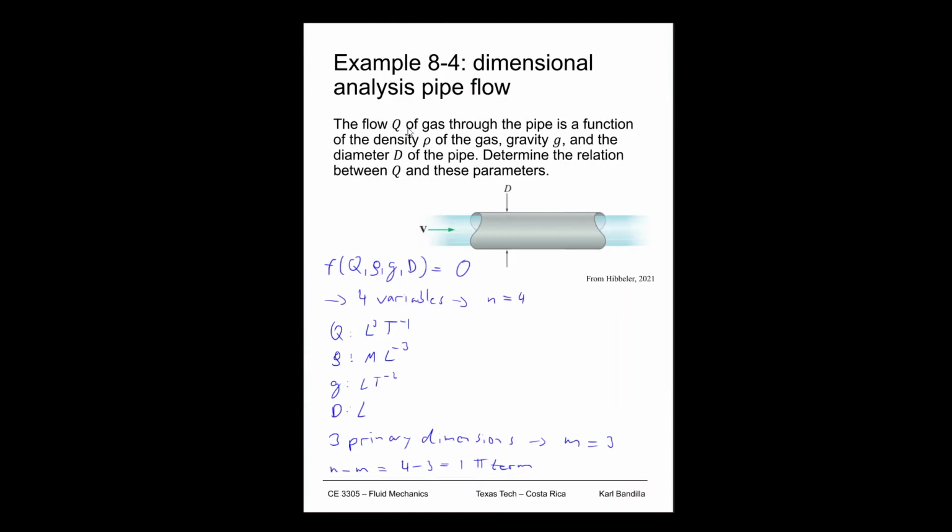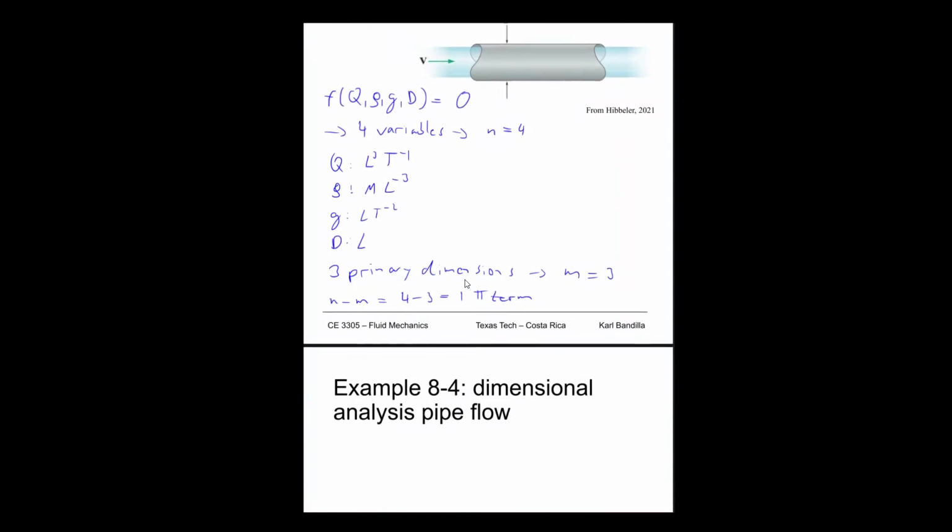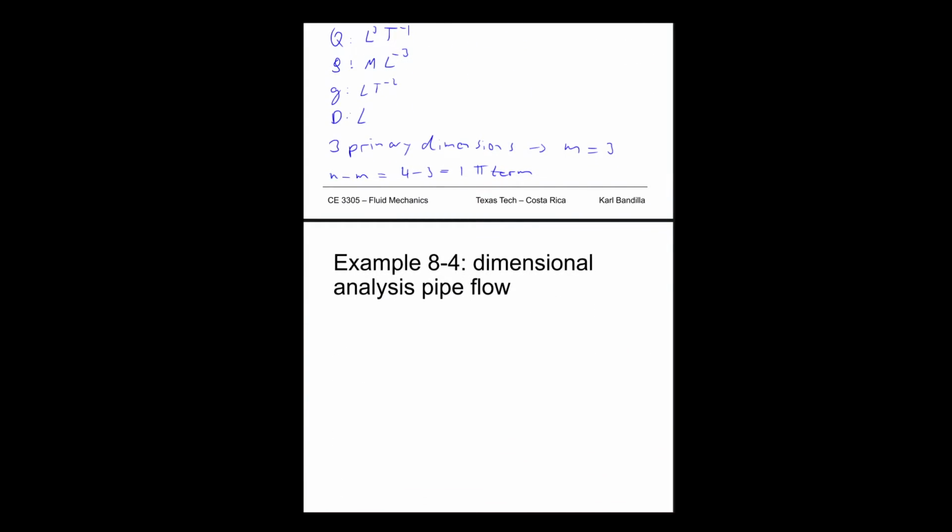Now, in our case, we want to get everything with regards to Q, so we take Q as the outside one. So we'll say pi is equal to rho to the A, G to the B, D to the C, and then Q. So we start with rho, that was mass per length cubed to the A. Then G was length per time squared, raised to the B power.